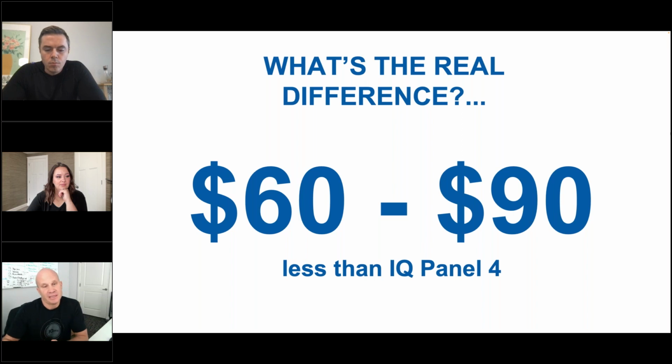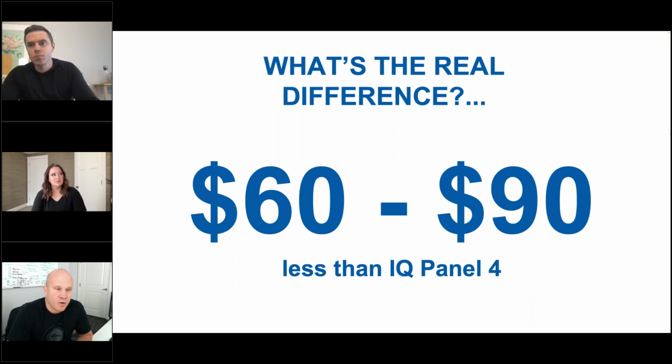If your volume is a little bit less on IQ Panel 4, and so your pricing maybe isn't quite as aggressive, you're probably going to save somewhere closer to $90 on IQ4 Hub. And so the savings can actually be quite significant for many of you, depending on your business model and depending on what your go-to-market is.